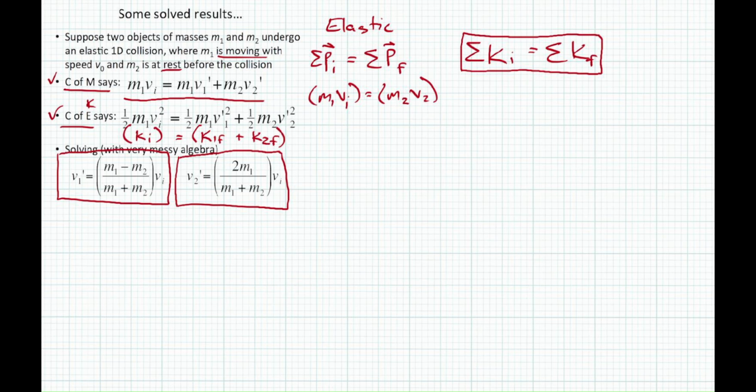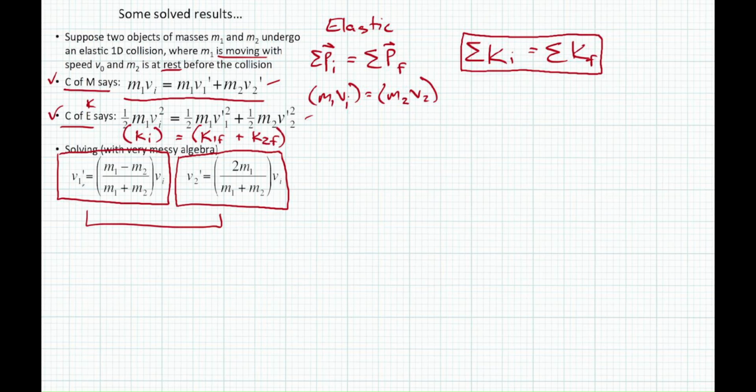I can show you if you want. In fact, I'll post it online. I've got 3 pages of going from these 2 equations to these 2 equations. But it does work, and here is one instance where I'm going to tell you, just take my word for it, this works.